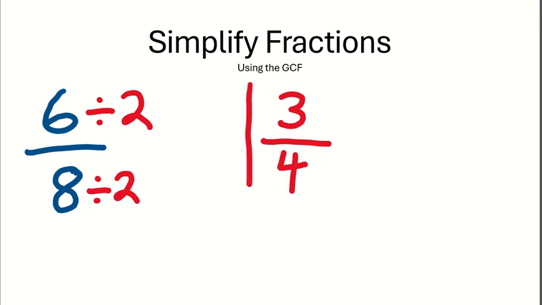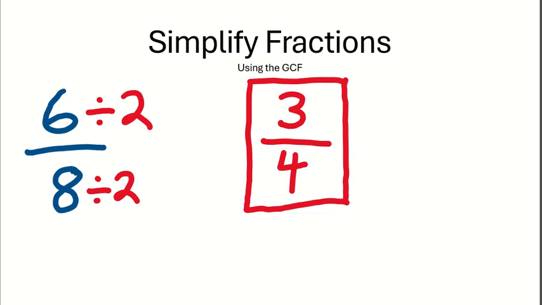And thus we have 6/8 in simplest form would be 3/4. Now, how do we know that 3/4 is the simplest form? Well, remember, a fraction is in simplest form when the greatest number that divides evenly into both the numerator and the denominator is 1. And in this case, 1 is the biggest number.